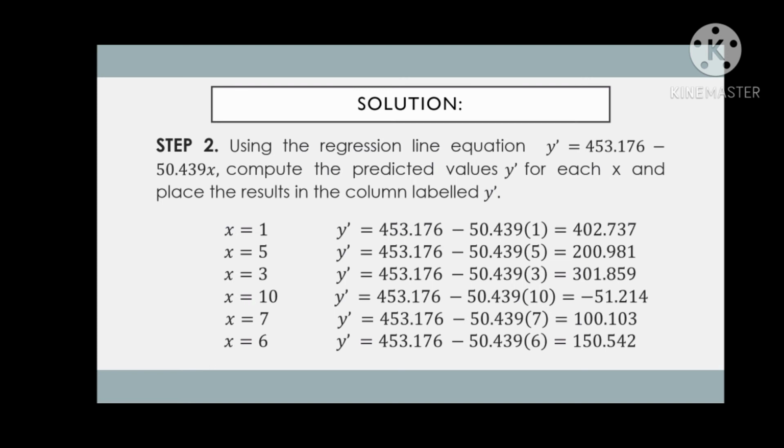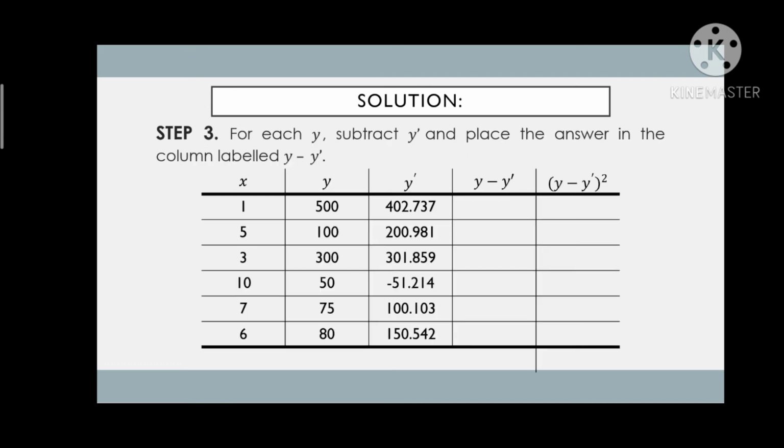For x equals 3, we have 301.859. For x equals 10, we have negative 51.214. For x equals 7, we have 100.103. For x equals 6, we have 150.542.